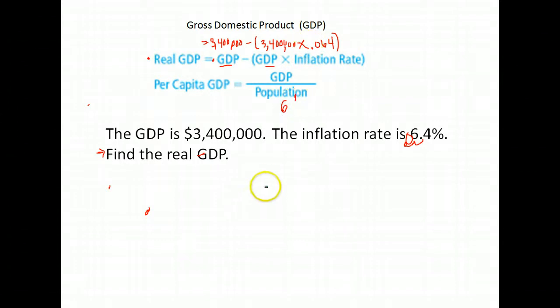Okay, so that gives me 3,400,000 minus 217,600, and then all I have to do is subtract. And when I do, I get a real GDP of 3,182,400.